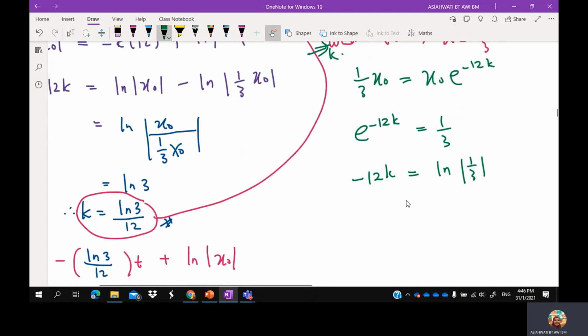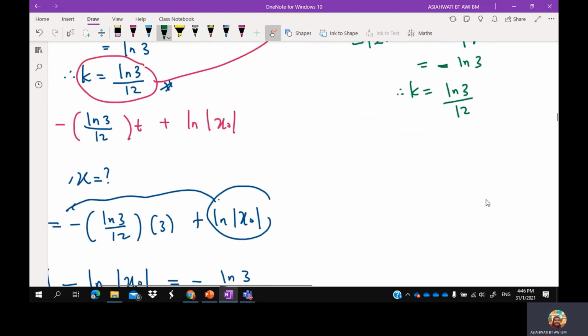Then ln 1 over 3 is equal to ln 1 minus ln 3. ln 1 is equal to 0, so the answer is negative ln 3. Therefore, k is equal to ln 3 over 12. Negative over negative is positive.